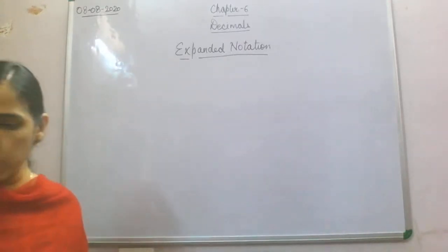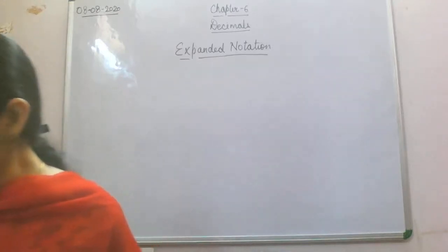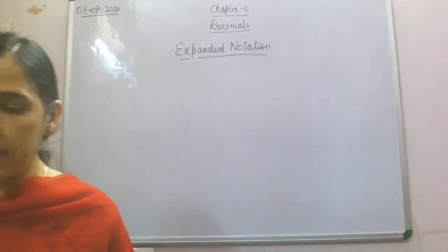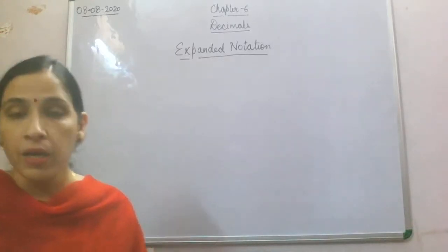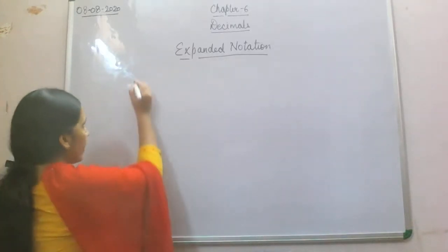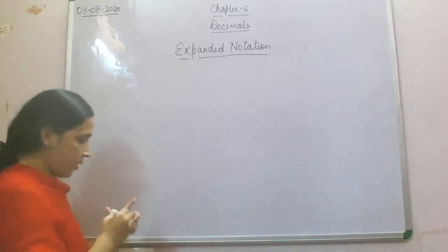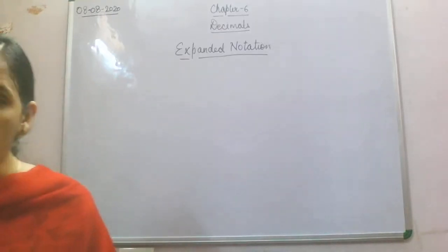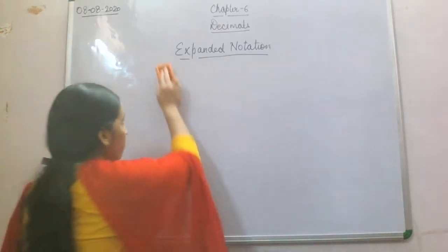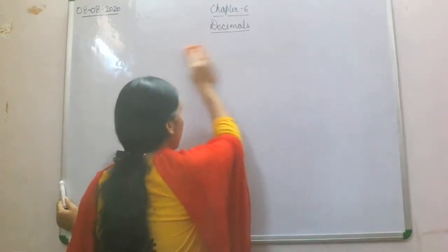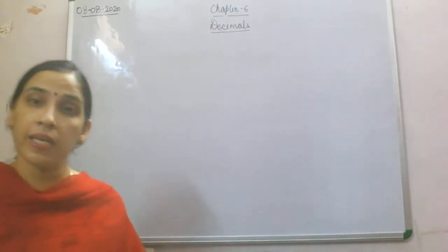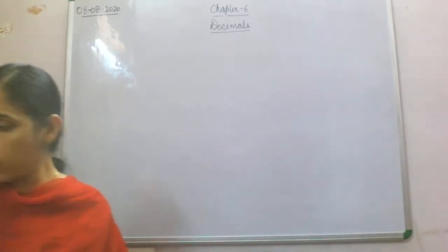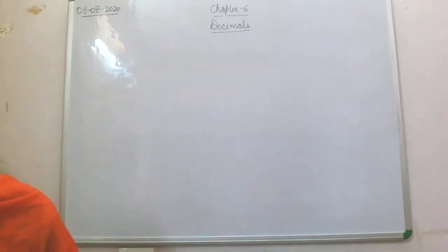So we'll start with our first example. Example 1: write the following in expanded form. First we will do the examples, and after clearing the concept we will move to the exercise, which is your exercise 6.2.